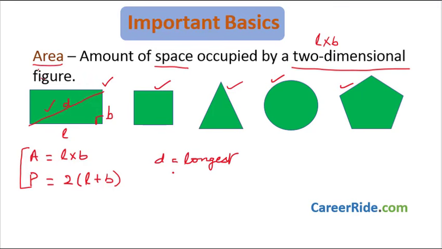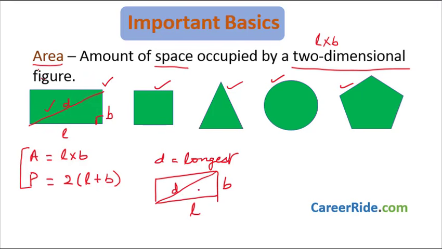The application of this information will be in the questions, for example, suppose a rectangular piece of land is given to you with length L and breadth B. What is the longest size of the pole that you can place here, or what is the longest size of the bamboo that you can place here? If you are unaware of this concept of diagonal being the longest distance, you'll keep wondering what to do.